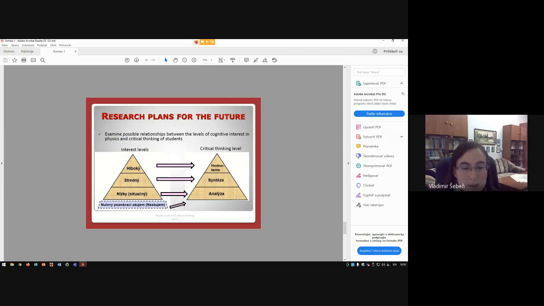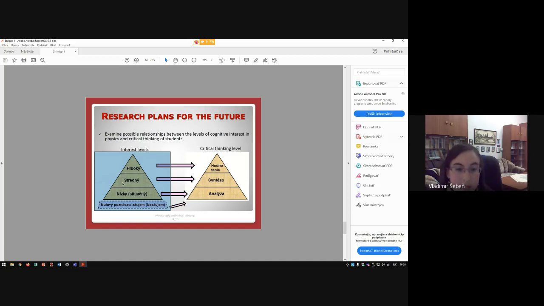In our future research we have already started to detect whether there is an association between the level of students' interest in physics and the level of critical thinking. So we want to prove that the lowest levels of interest, which you can see here, low level of interest and a 0 level of interest, would be associated with the lowest level of critical thinking, which is analysis.